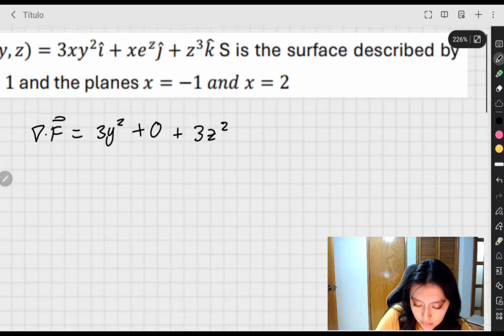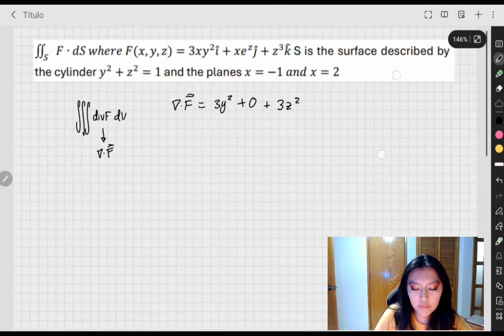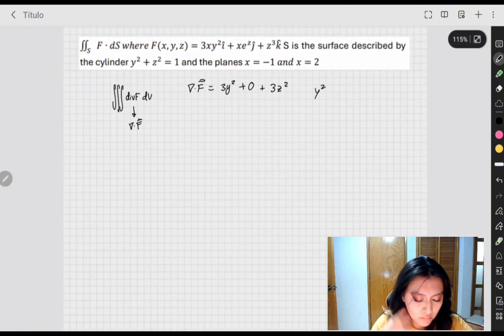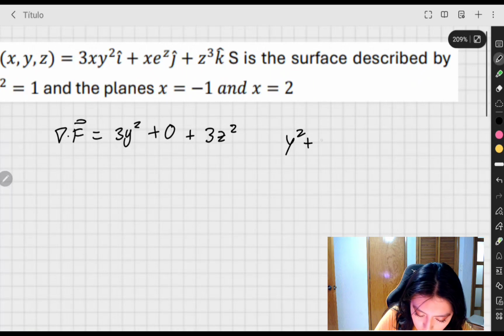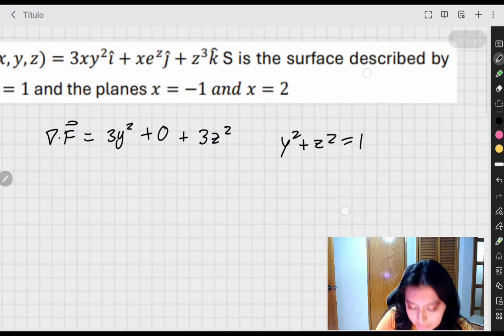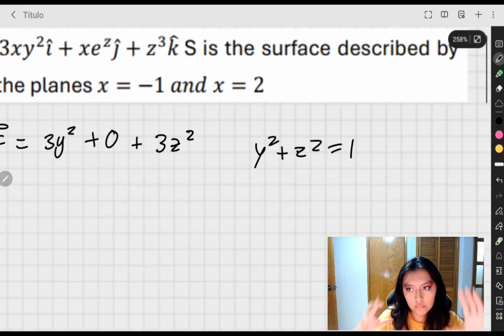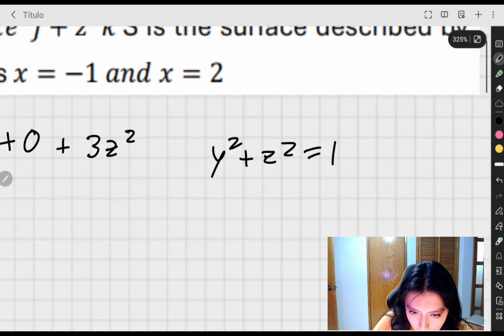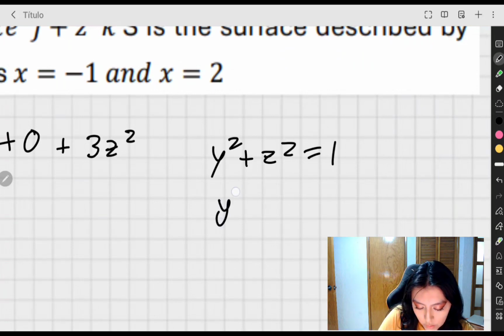And it already has the general form, so the circle in the yz plane is this. Well, it's a cylinder, but a circle. And this is just the radius, so we can write it like so.